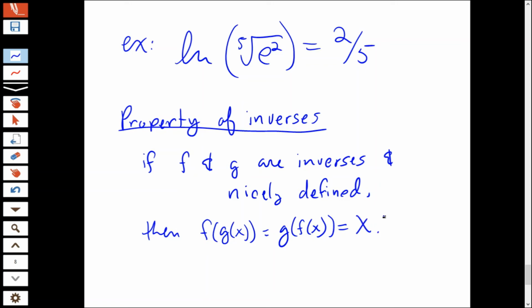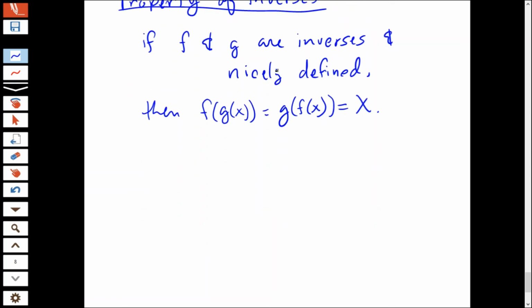That's in general for kind of any inverses, and so you are going to see come up problems like natural log of e to the fifth, right? So you raise e to the fifth, you get some number. That's 2.71828 to the fifth. Then the natural log says, okay, e to the what power equals that number? Well, it's just 5, right? They're going to undo each other and cancel each other out.